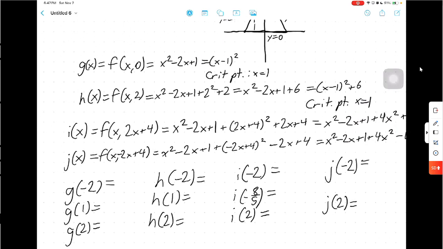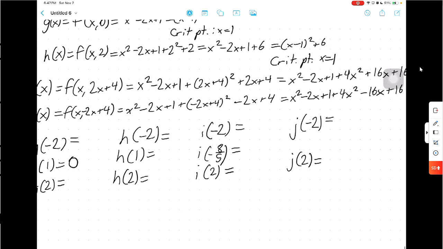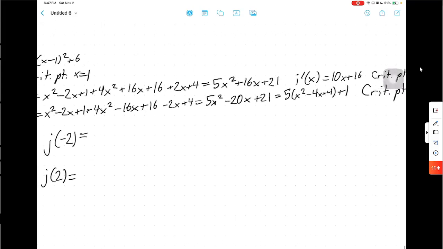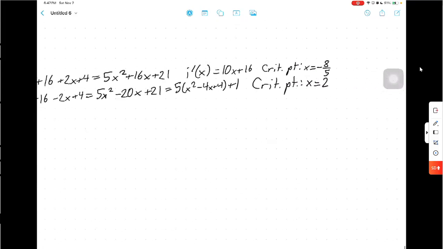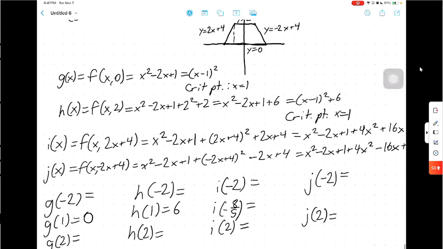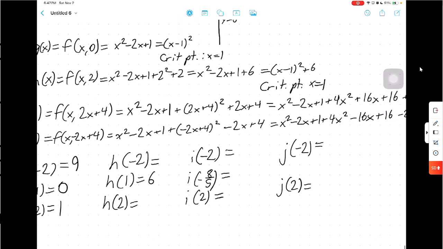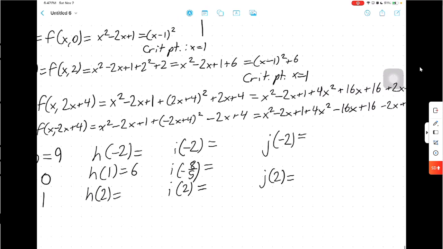Alright, G of negative 2, that's going to be clear. At 1, we're going to get 0. At 1 here, we're going to get 6. What other easy ones are there? G of negative 2 is going to be 9. H of negative 2 is going to be 9 plus 6, this is 15.